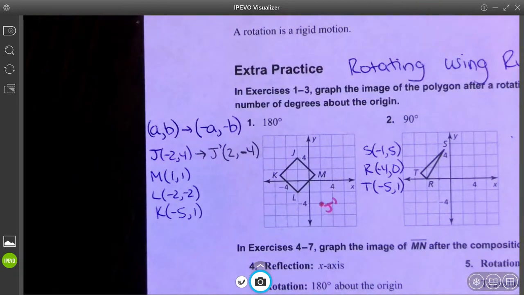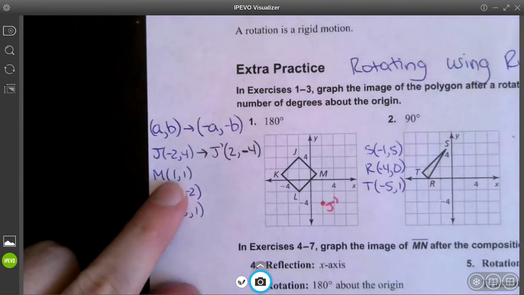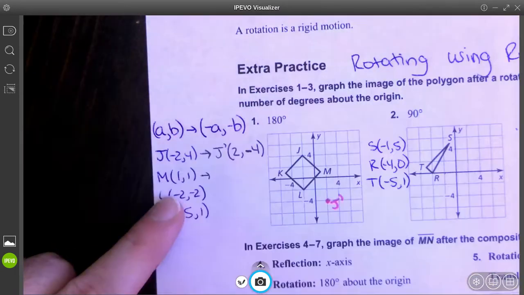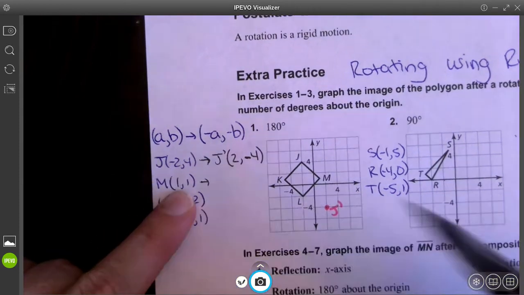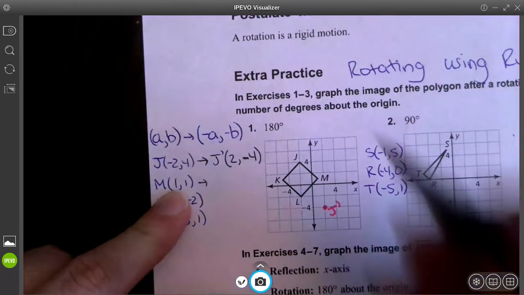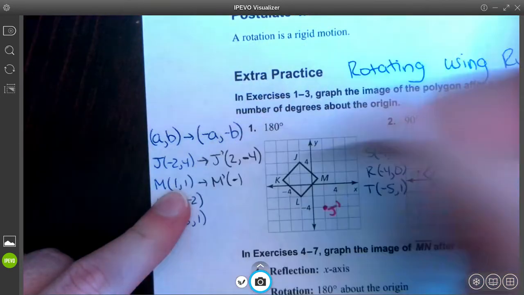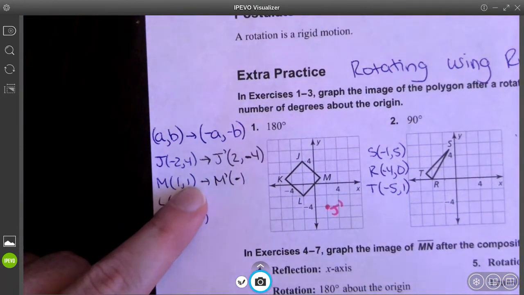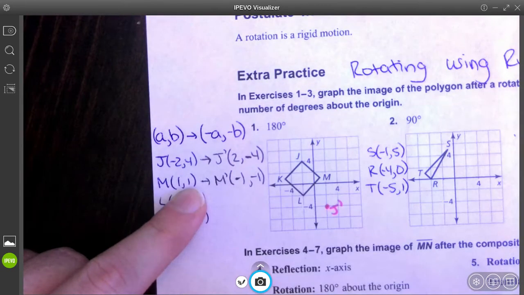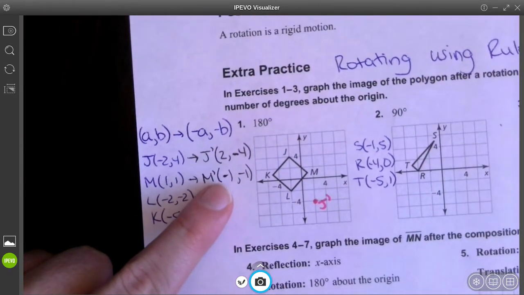Don't forget to label. All right, point M, after rotating, the opposite of +1 is -1. And the opposite of +1 is -1. So M prime is located at -1, -1.